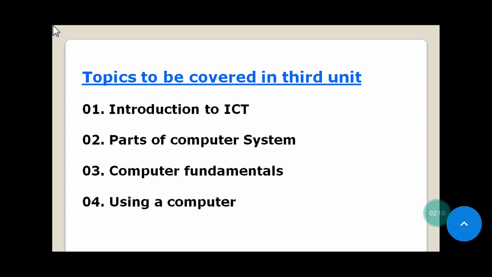The basic ICT skills that you need are knowing how to operate computers, knowing how to browse the internet for collecting, storing, and disseminating information.